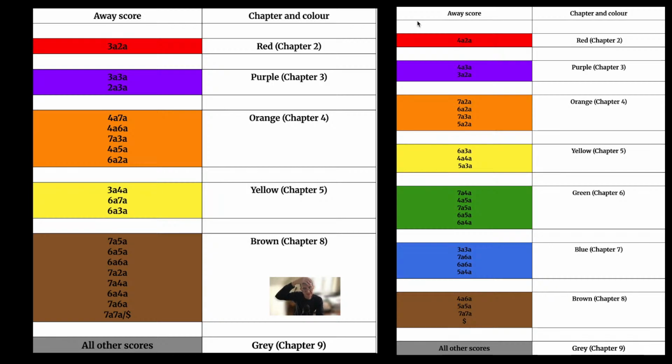Now, I do talk a little bit more about the scores in the grey category. They're not all the same. 5 away, 6 away is going to be a lot more active than 3 away, 4 away, or 3 away, 5 away.